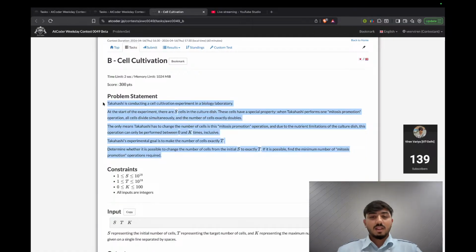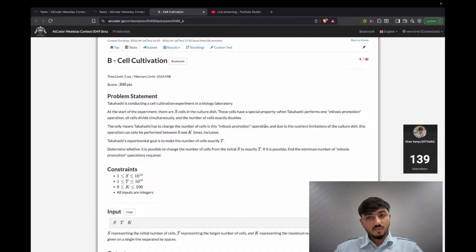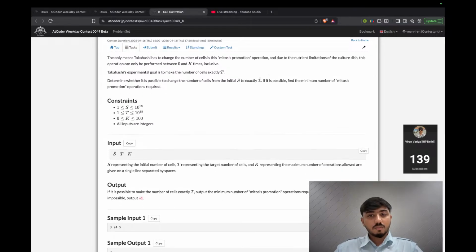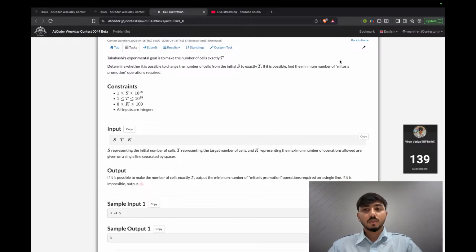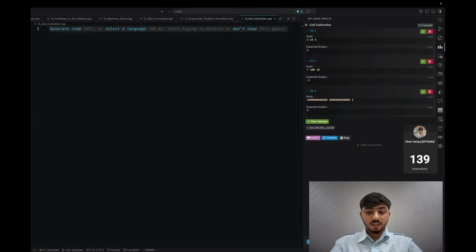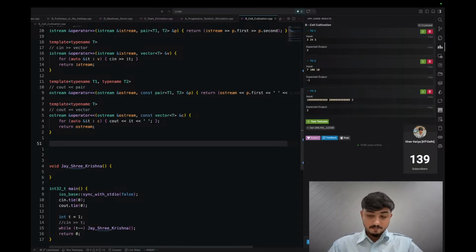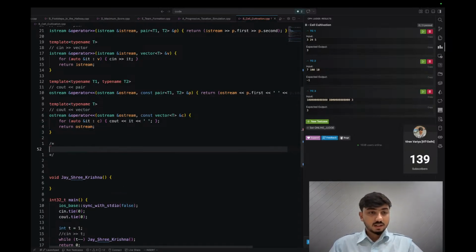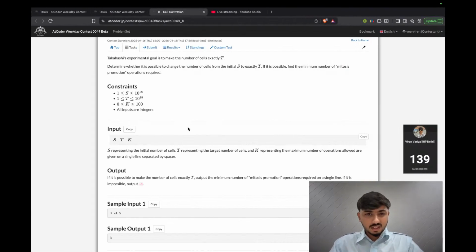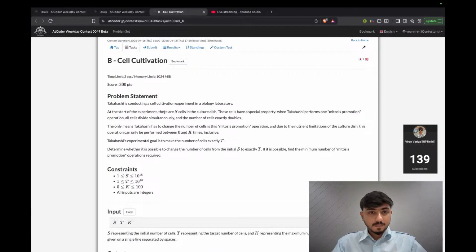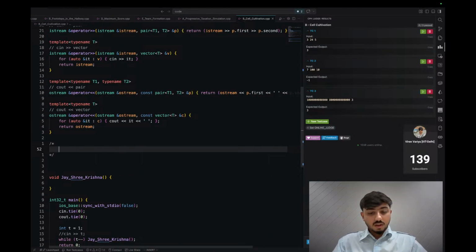Firstly, T should be a power of 2, because it's doubling every time, right? The number of cells is getting doubled. So initially we have S cells.